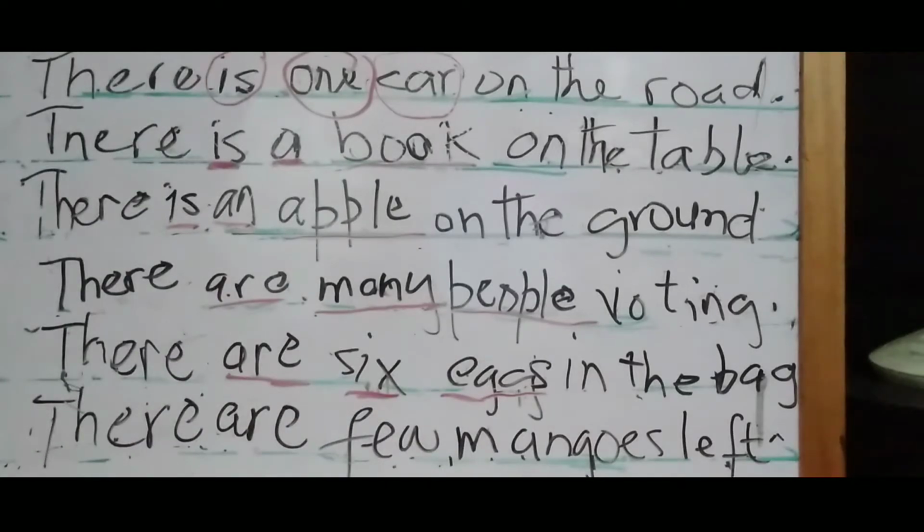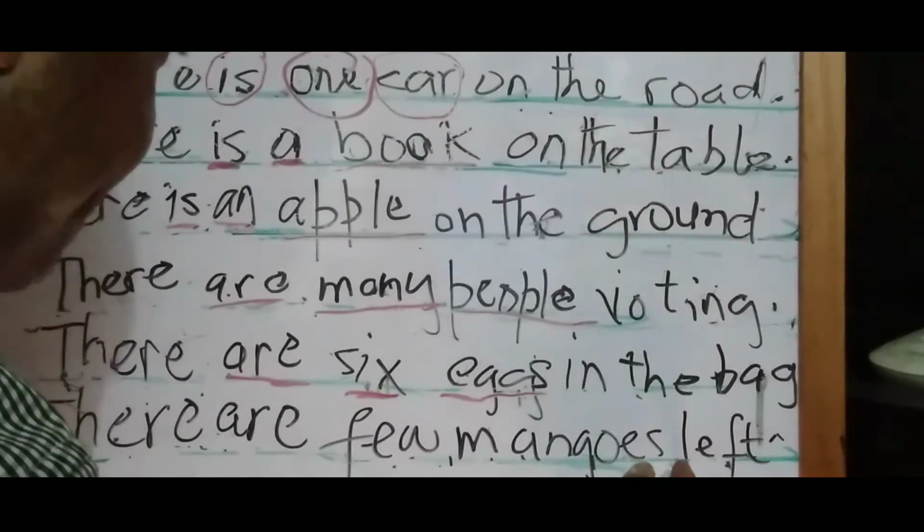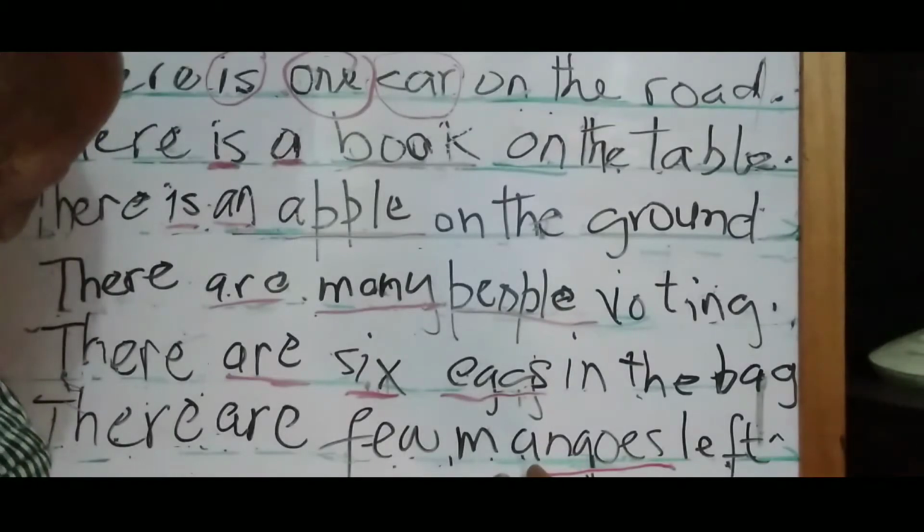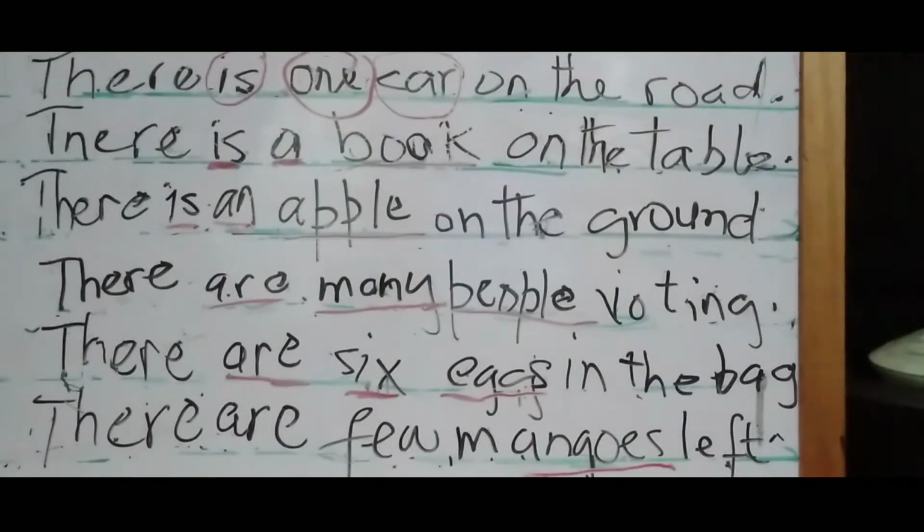All right, so the countable noun here is mangoes, and if you notice, mango is spelled M-A-N-G-O, but when we are pluralizing it, we add es. That's how some words in English are.